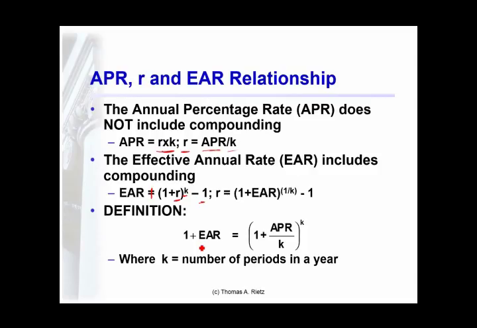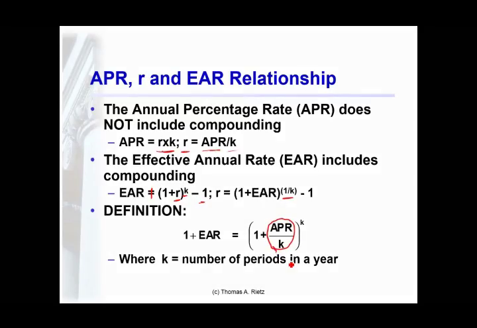If we know the effective annual return, just invert the equation, uncompound it for, say, 12 periods, subtract 1. So the relationship between the annual percentage rate, the periodic rate, and the effective annual return is the periodic rate is the APR divided by 12, 52, 365, 4, number of periods in a year, and then you have to compound that 12, 52, 365, number of periods in a year to get the effective annual rate.